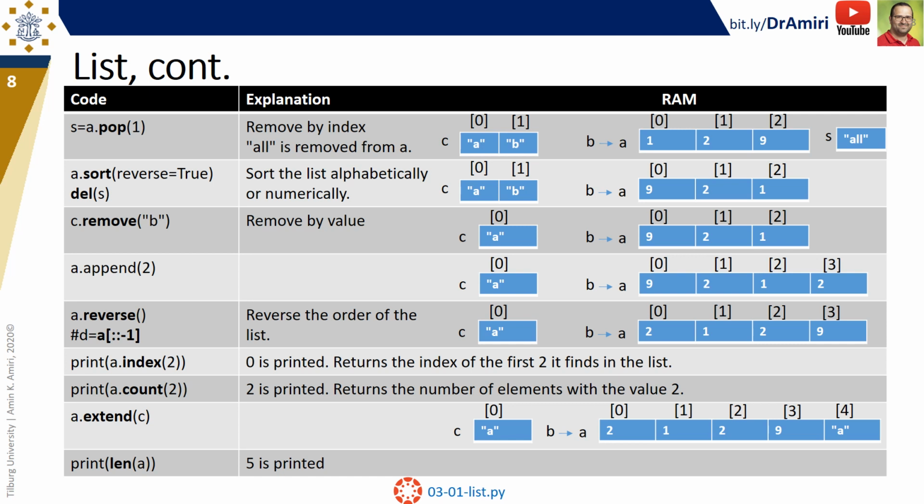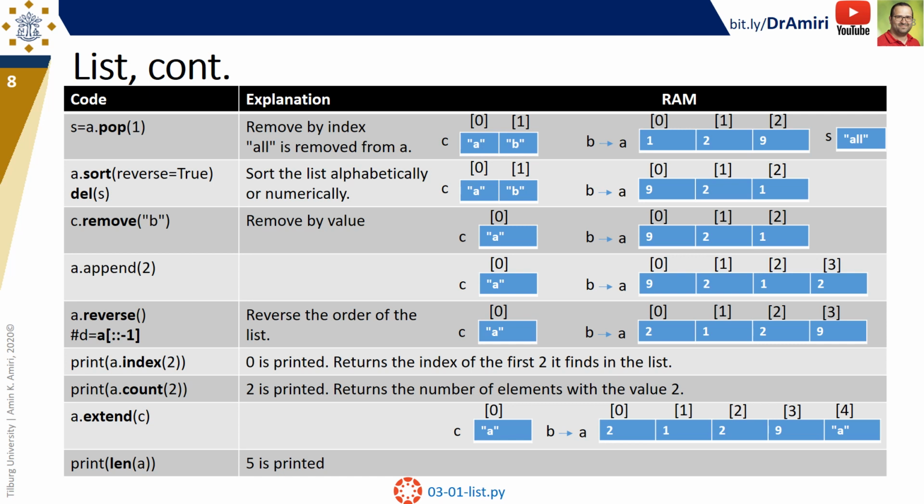But if you give an argument of reverse equal to true, then the sort will do a reverse sort in a descending order. As you can see here, a.sort(reverse=True) will change the A from 1 to 9 to 9 to 1.